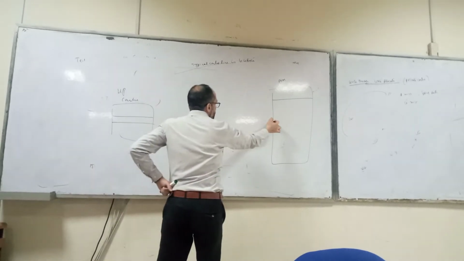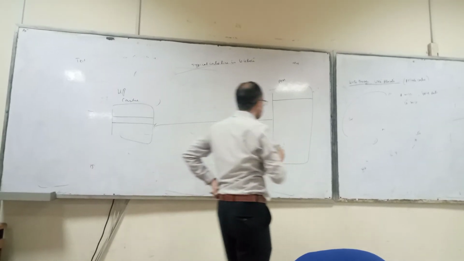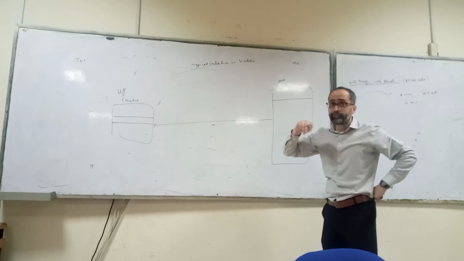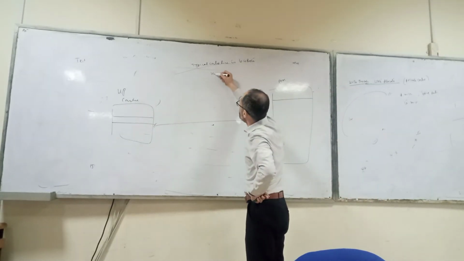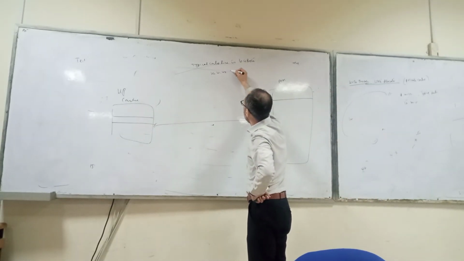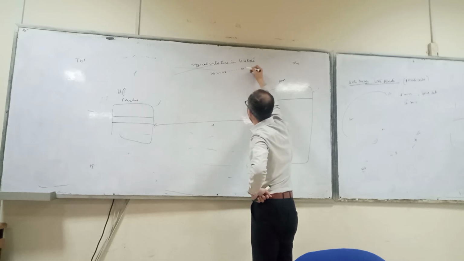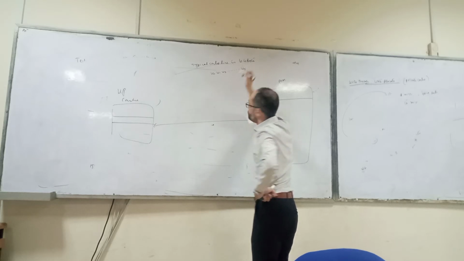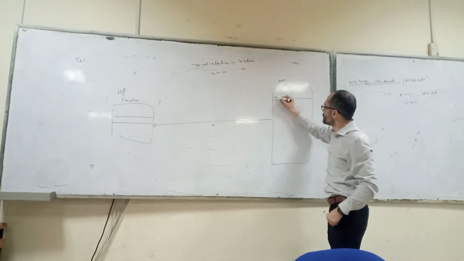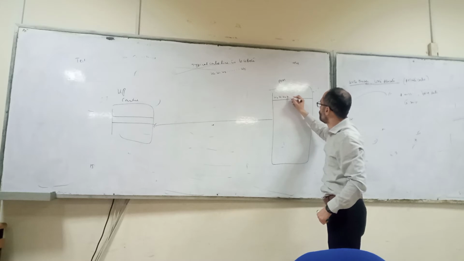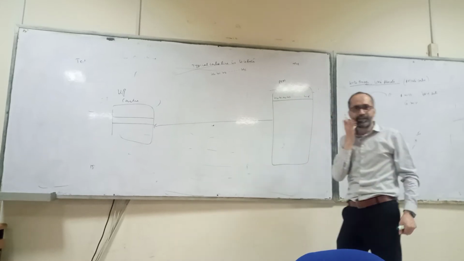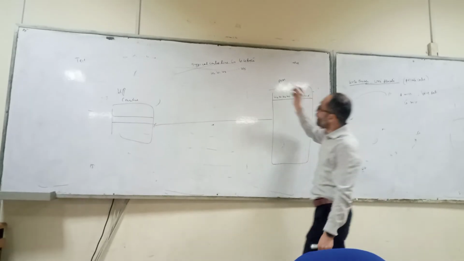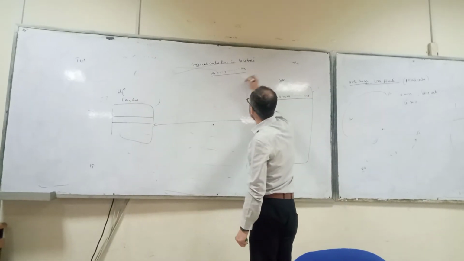Now if you look at the 64 bytes, we can divide it into different words: word 0, word 1, word 2, up to word 15. Now the cache line size is 64 bytes.